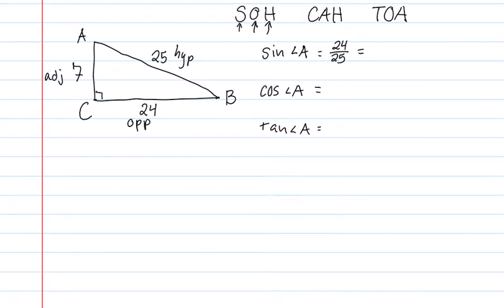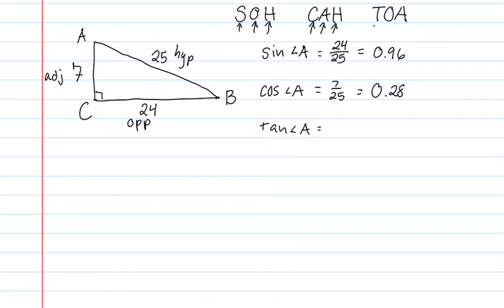It does equal exactly 0.96. If you are rounding, make sure to put the approximate symbol instead of an equal sign. So the cosine is adjacent over hypotenuse. So my adjacent side is 7 over 25, which equals exactly 0.28.